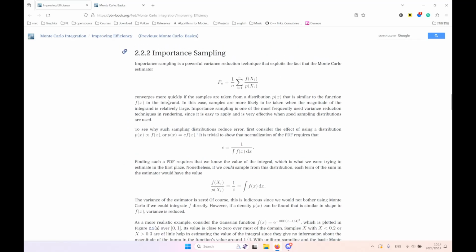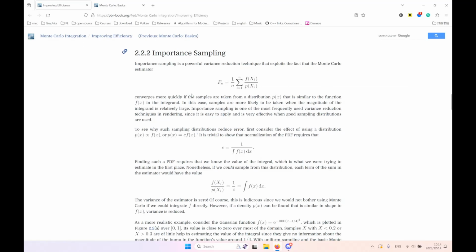All right, so the next section talks about importance sampling. Importance sampling is about, for a Monte Carlo estimator like this, it converges more quickly if the samples are taken from a distribution that is similar to the function f(x).